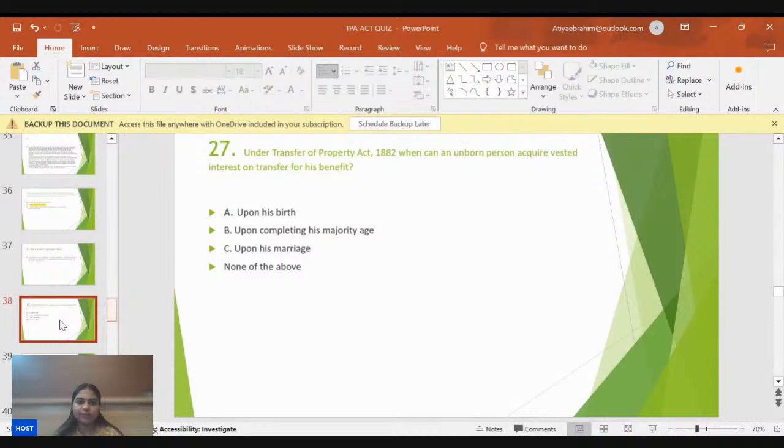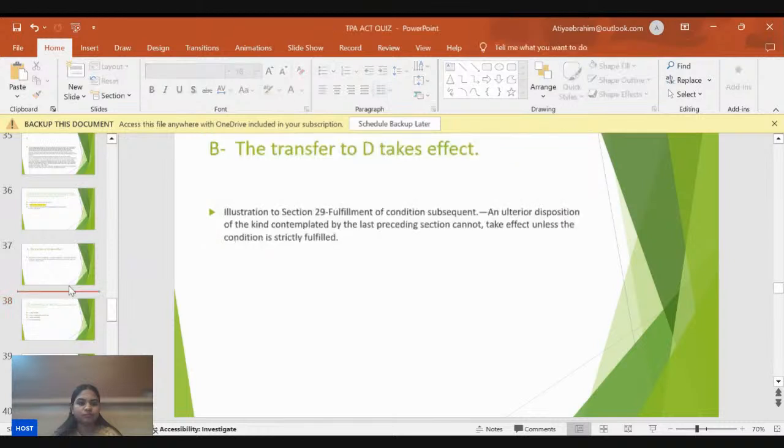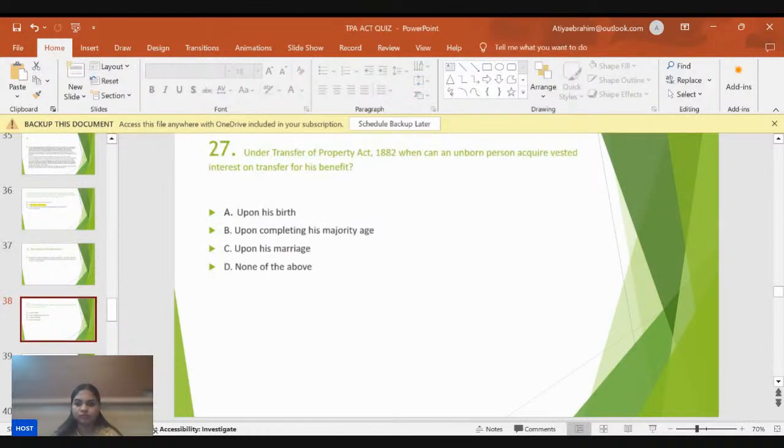Come to 27. Under the TP Act, when can an unborn person acquire vested interest on transfer for his benefit? Upon his birth, upon completing his majority age, upon his marriage, none of the above. Which is the correct option? Tell me. So, when will an unborn person acquire his vested interest? Please write the answer 27 and then mention your answer.